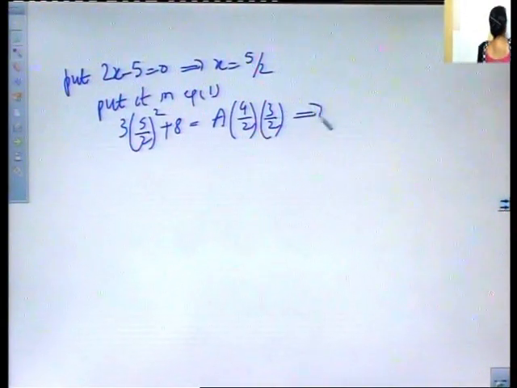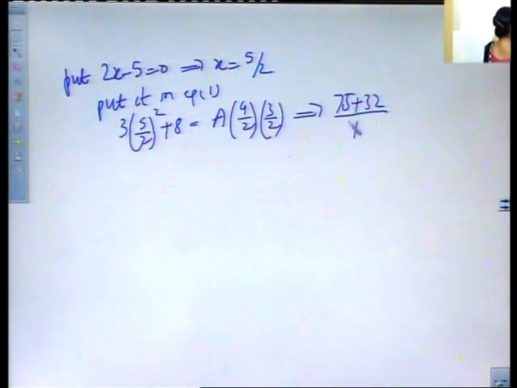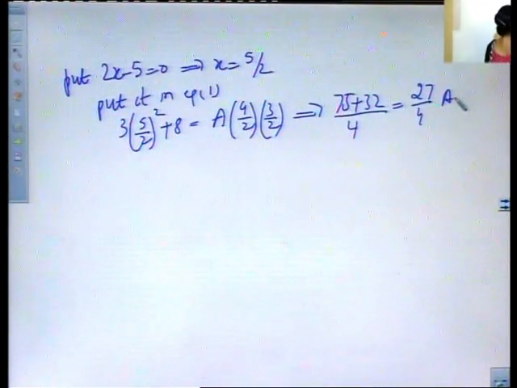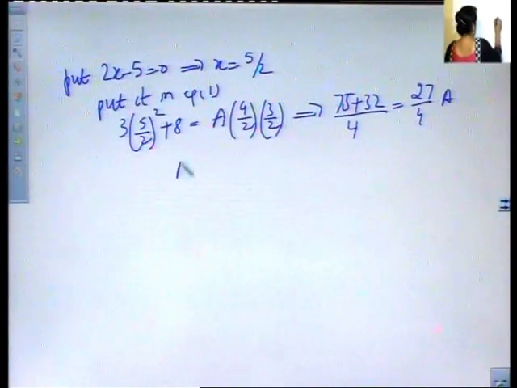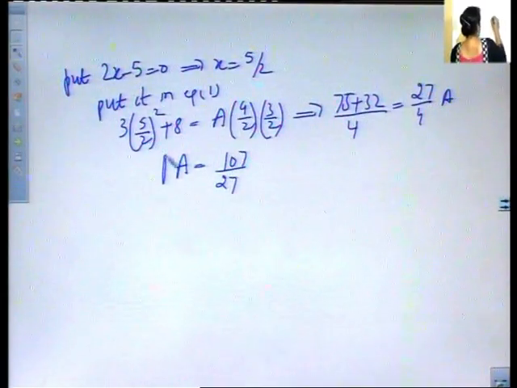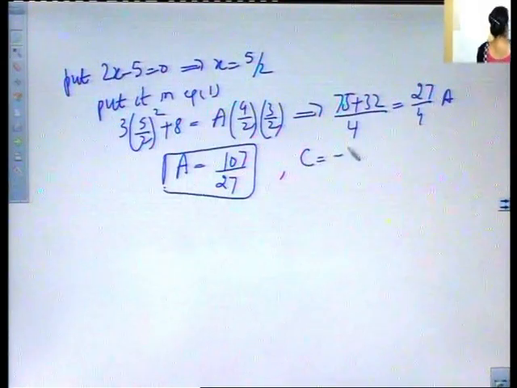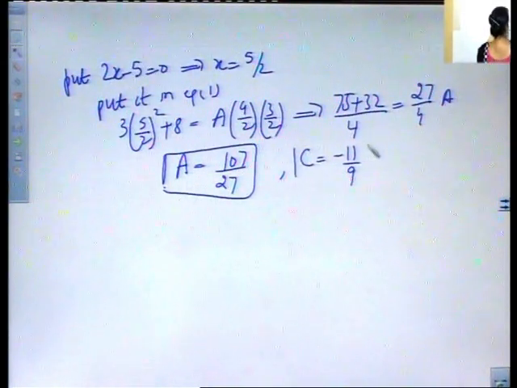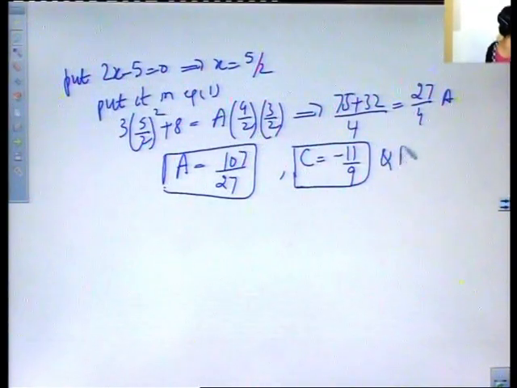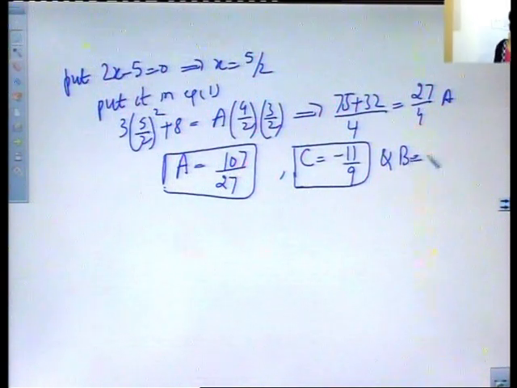So this is equal to a, that is a is equal to 107 upon 27. So we have a is equal to this value, c is equal to minus 11 upon 9 and b is equal to 20 upon 27.